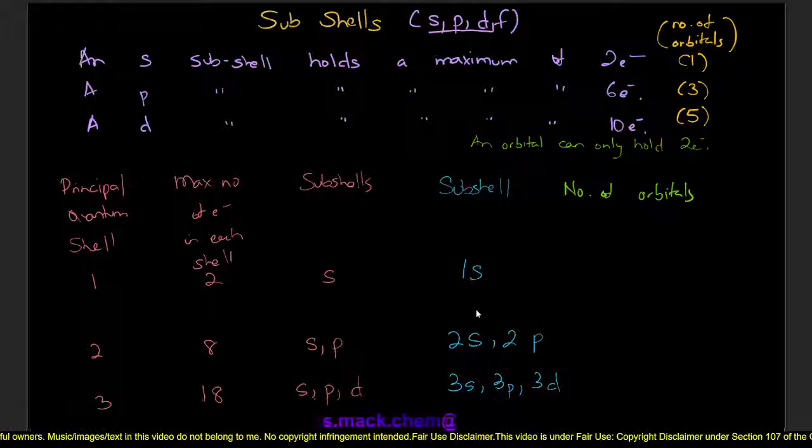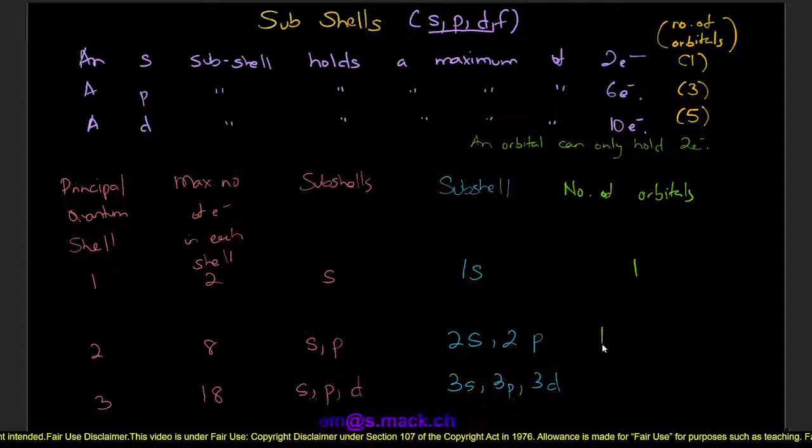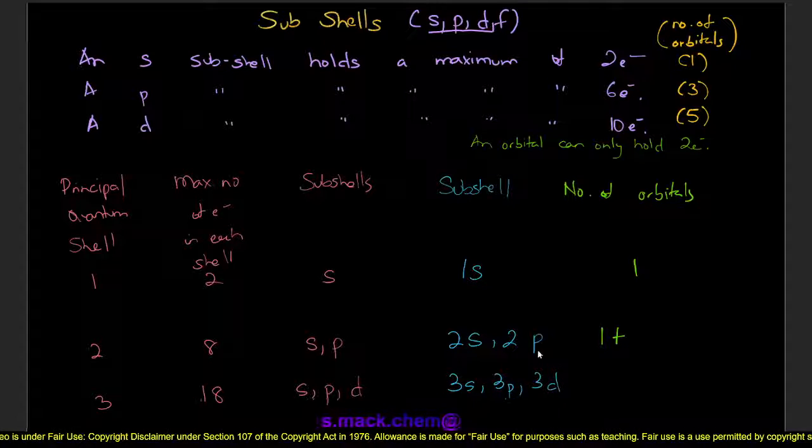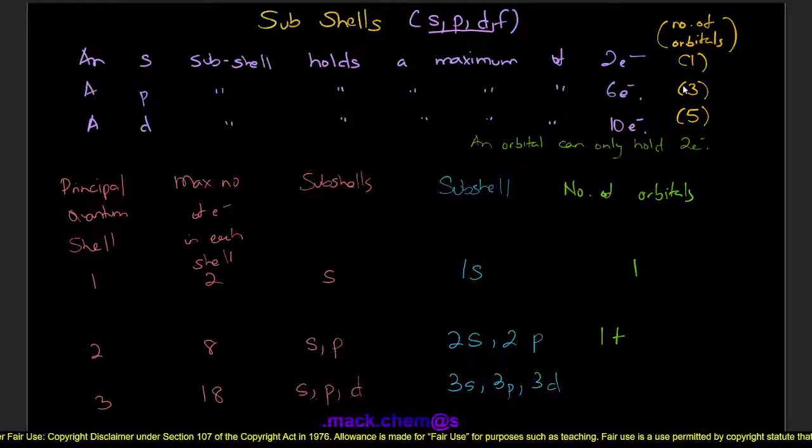So for example, in the first shell, which consists of a 1s subshell, how many orbitals are we going to find? Only 1. In the second shell, where we have an s subshell, we're going to find 1 orbital, plus in the 2p subshell, we're going to find how many orbitals?